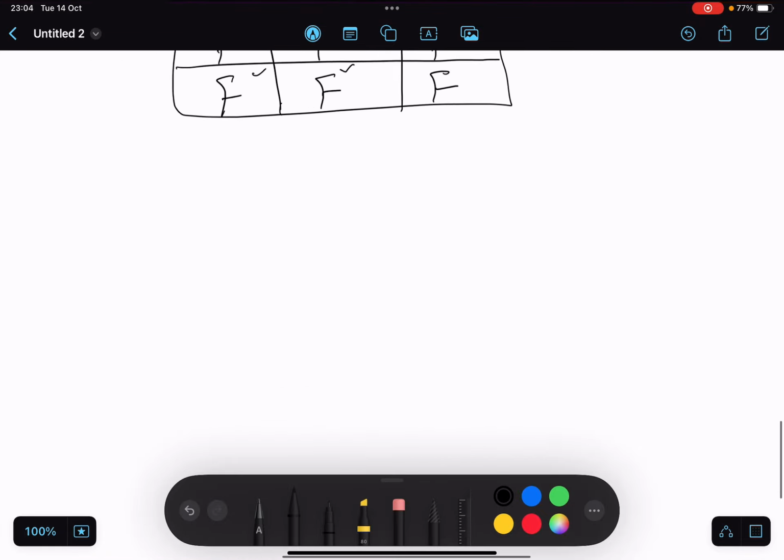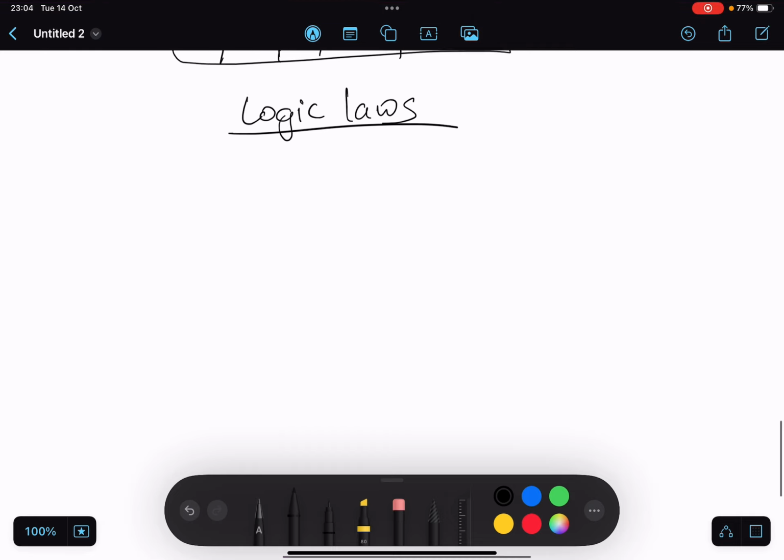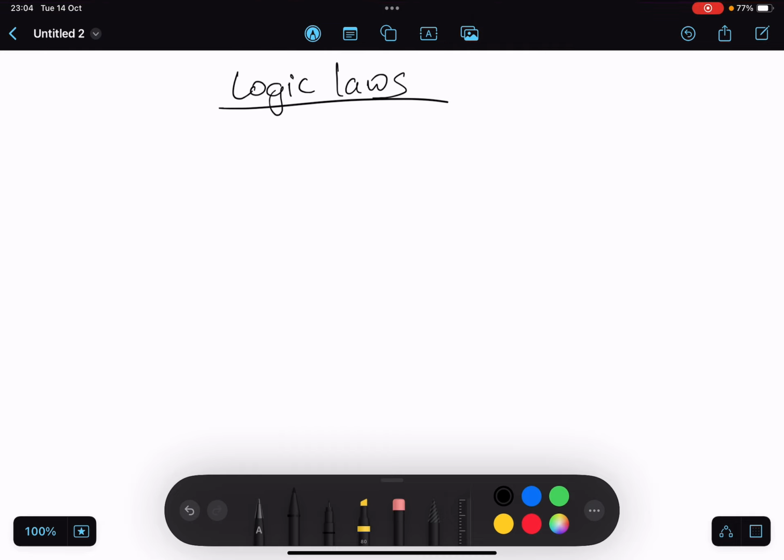Okay, so now we are going to look at the logic laws. These are basic arithmetic laws that we are applying using logic, and also these are laws that we have seen under set theory.